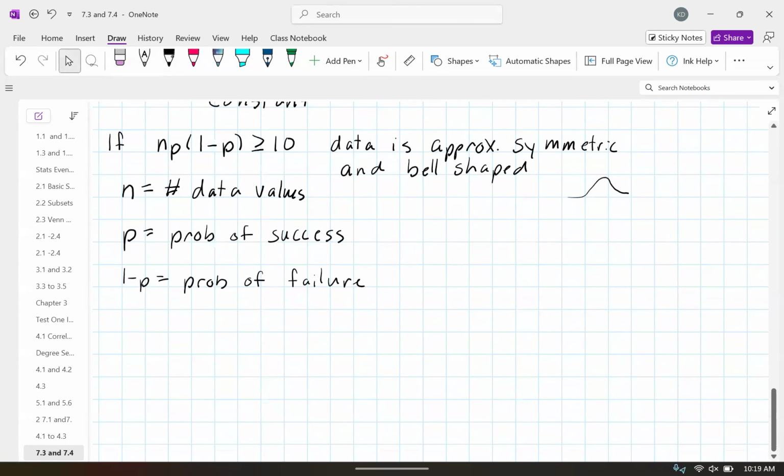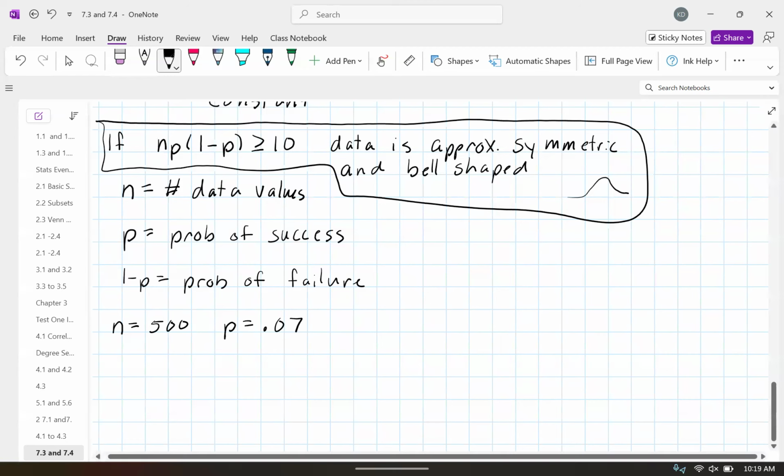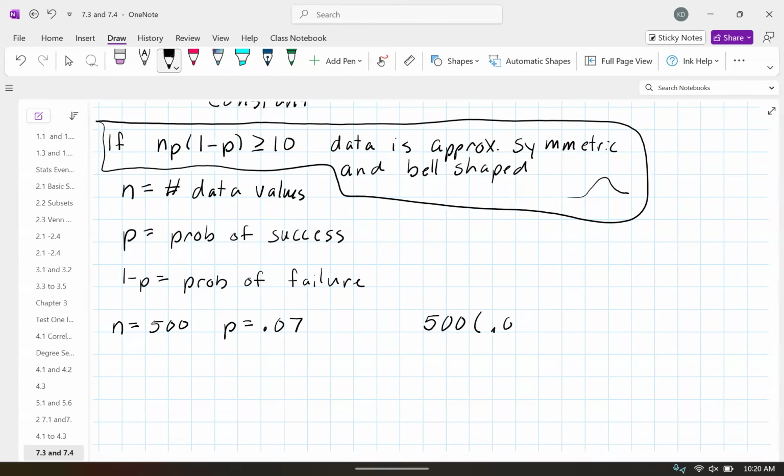So we'll get to this slide in a second. If our n is 500 and our probability of success is 0.07, is our data approximately normal? I'm going to lose it if I don't box it. Well, let's find out. 500 times 0.07, I'm going to do this in my head. 1 minus 0.07 is 0.93.